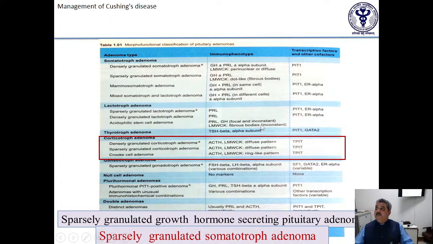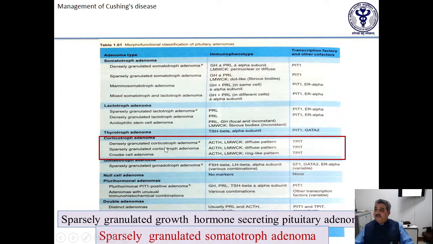The latest classification is based on the hormonal staining for the various hormones as well as these factors. And at that time, people were using terms like ACTH secreting pituitary adenoma. In the latest classification, it is discarded. Now we call it a corticotroph adenoma.